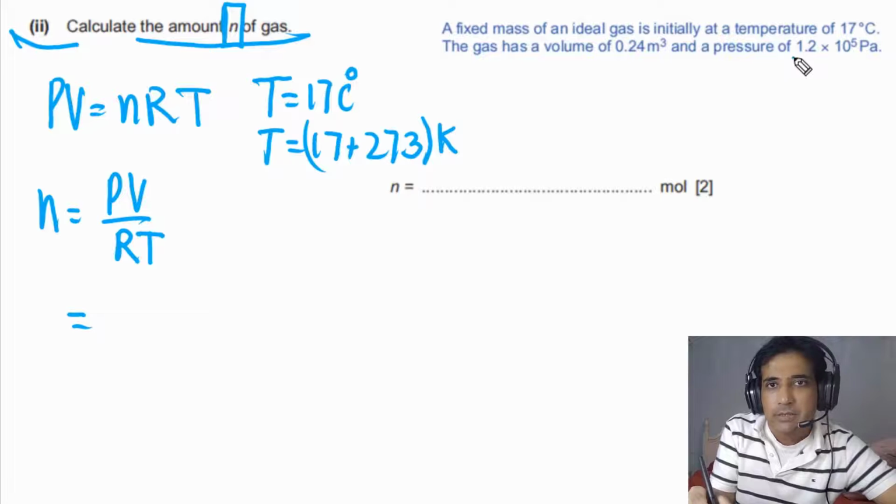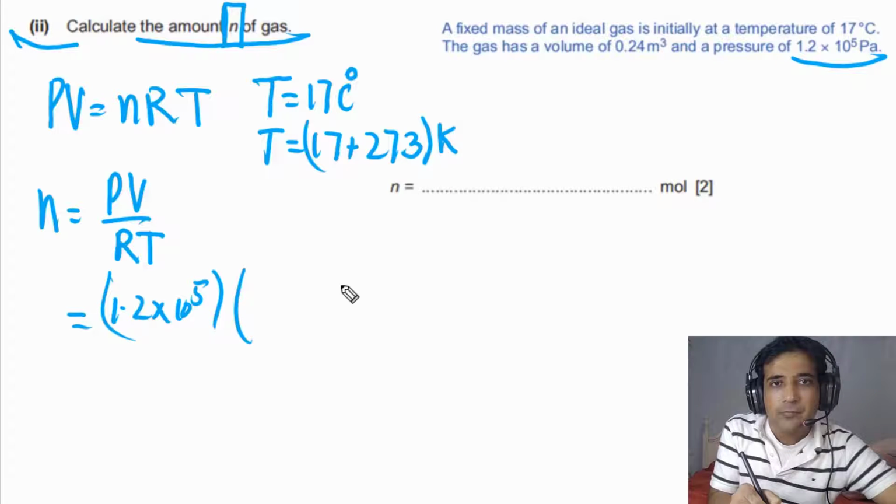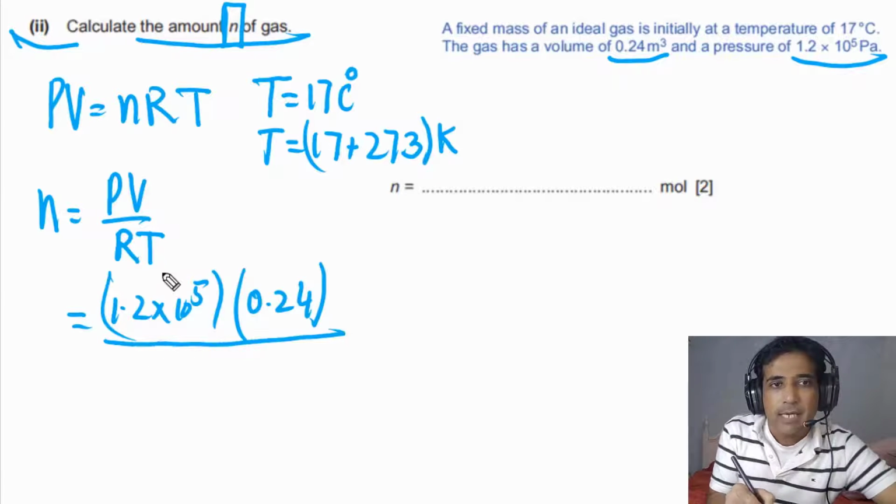P in this case is given, that is equal to 1.2 times 10 to 5 Pascal. We can plug in value, and V is given, that is equal to 0.24 meter cube. You have to be careful with units, and value of R, the gas constant, is 8.31.